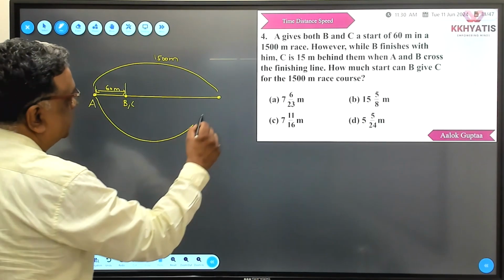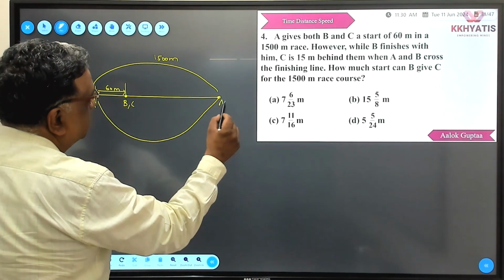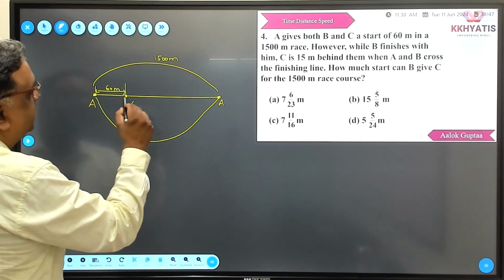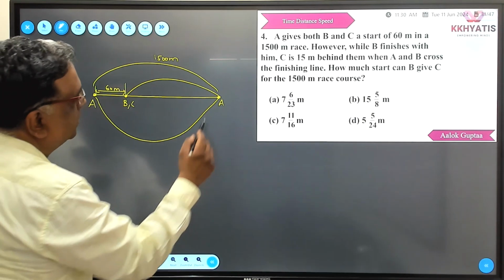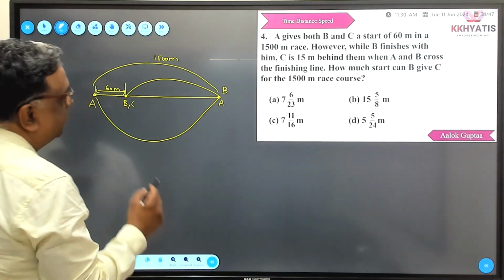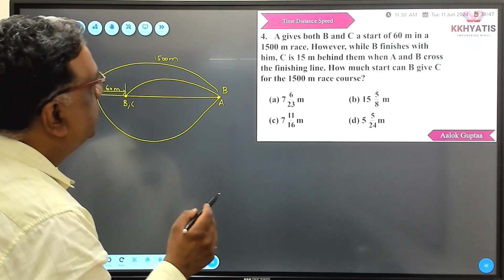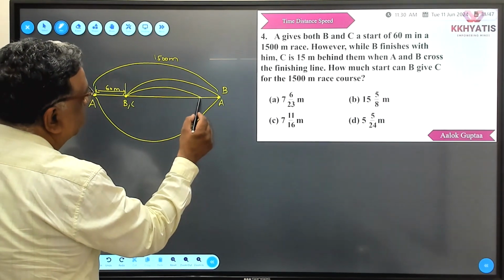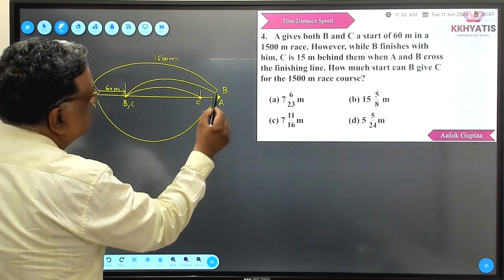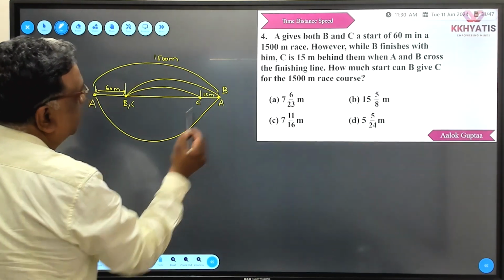Now A covers the entire distance and reaches here. In the meantime, B also covers and reaches here. Whereas C is 15 meters behind.